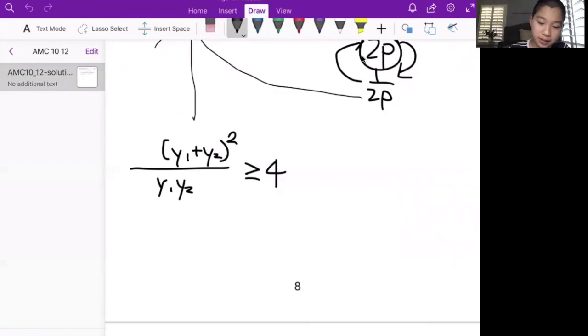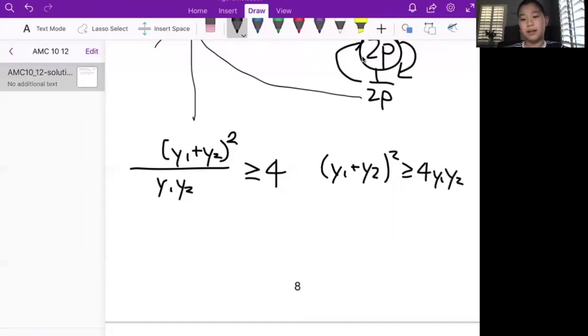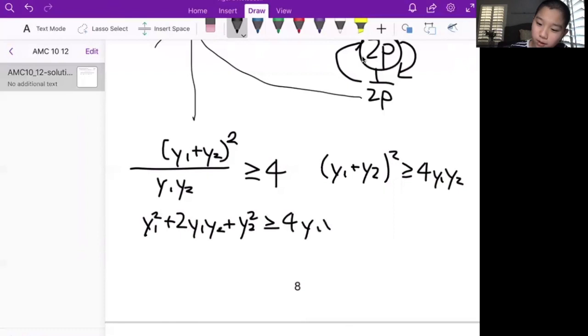So let's see how we can prove this inequality. So let's first get rid of the fraction by multiplying both sides by y1 times y2. So we get this. And then after that, let's expand y1 plus y2 squared. So y1 squared plus 2y1 y2 plus y2 squared is greater than or equal to 4y1 y2.